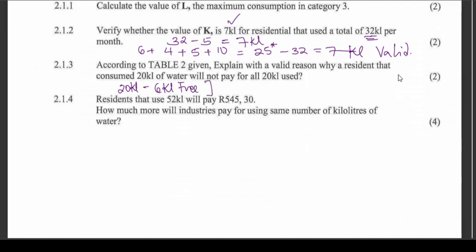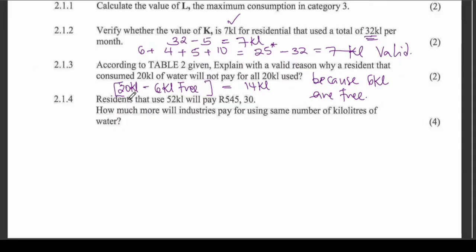So this person who has used 20, in actual sense, will pay for 14 kiloliters. So we shall say, because 6 kiloliters are free, the person will only pay for 14.